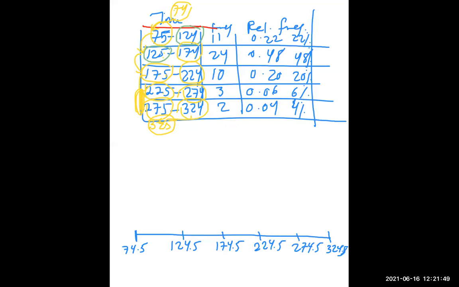The horizontal axis is the class boundaries. The class widths are the same for all of them. If you subtract them, you get 50, 50, 50, 50 for all of them.